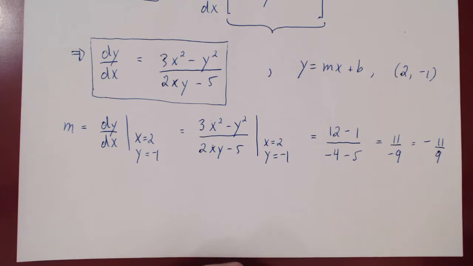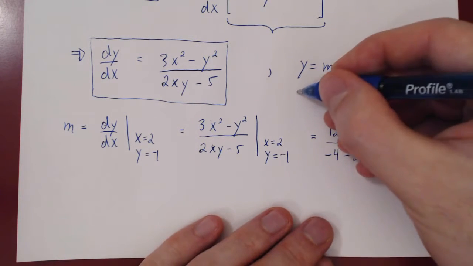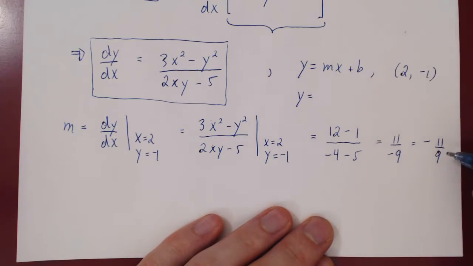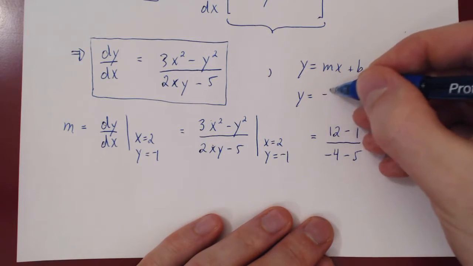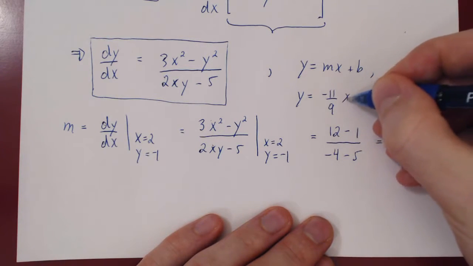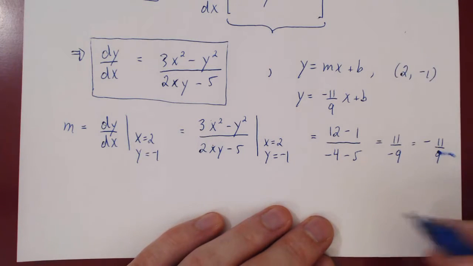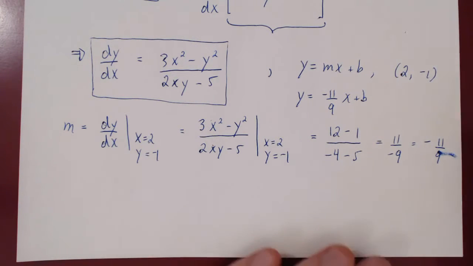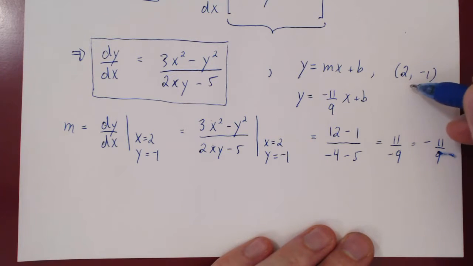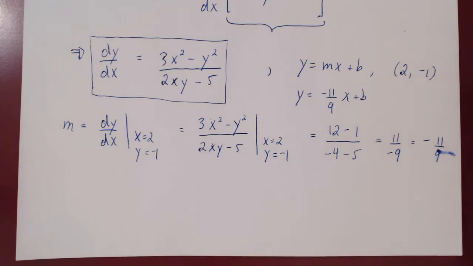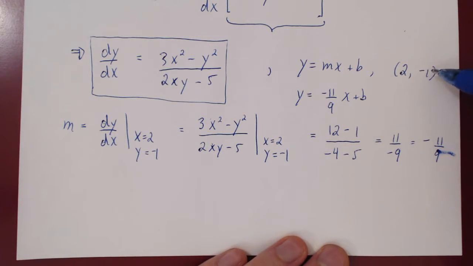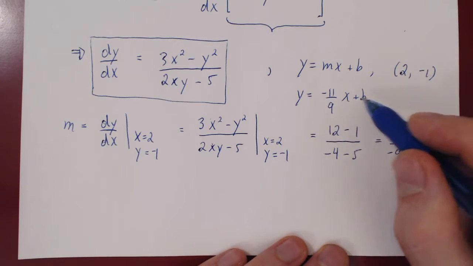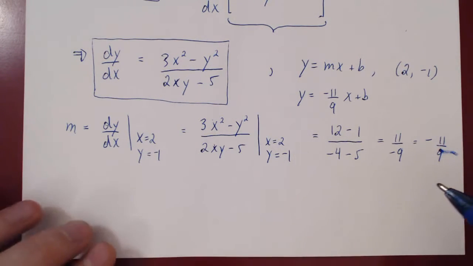So now we have the slope of our tangent line, right? Y is equal to m, negative 11 over 9, x plus b. And as always, we can solve for b using the fact that the tangent line passes through this point. Therefore, this point satisfies the equation of the tangent line. So let's substitute.